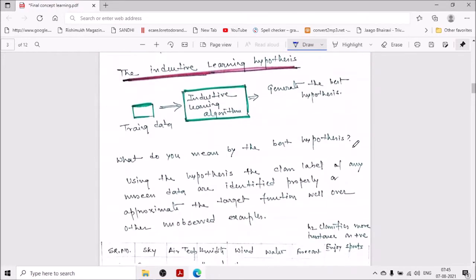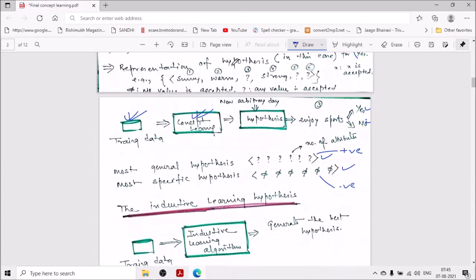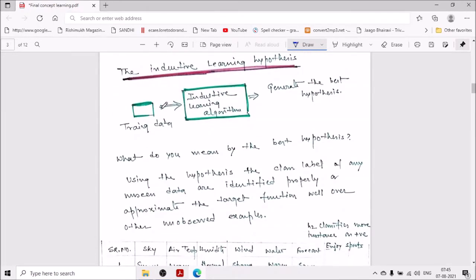Okay. Next, inductive learning. In inductive learning, we have training data. We may use an inductive learning algorithm to generate the best hypothesis. The question is, what do we mean by the best hypothesis? That we have to identify.